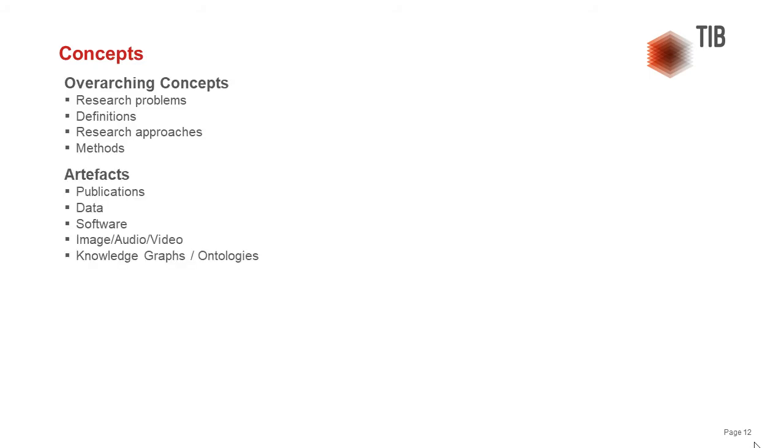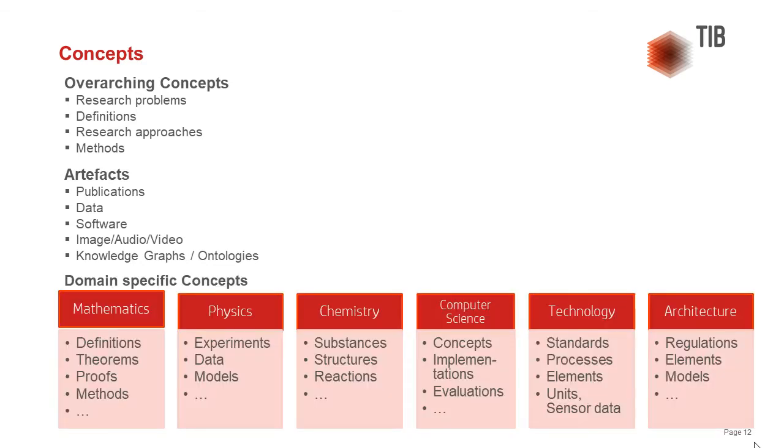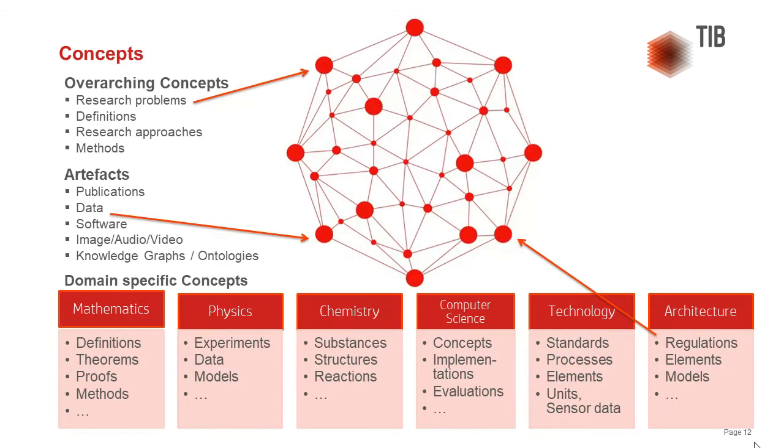And how can we implement and realize that? I think nowadays we have the ingredients to realize Vannevar Bush's vision. So we have to identify the overarching concepts, the different artifacts and domain-specific concepts, and basically integrate and link them in a knowledge graph.